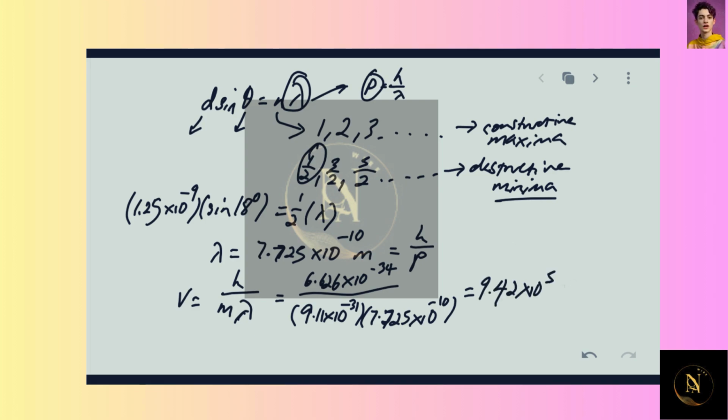And the velocity that we get is about 9.42 times 10 to the power 5.